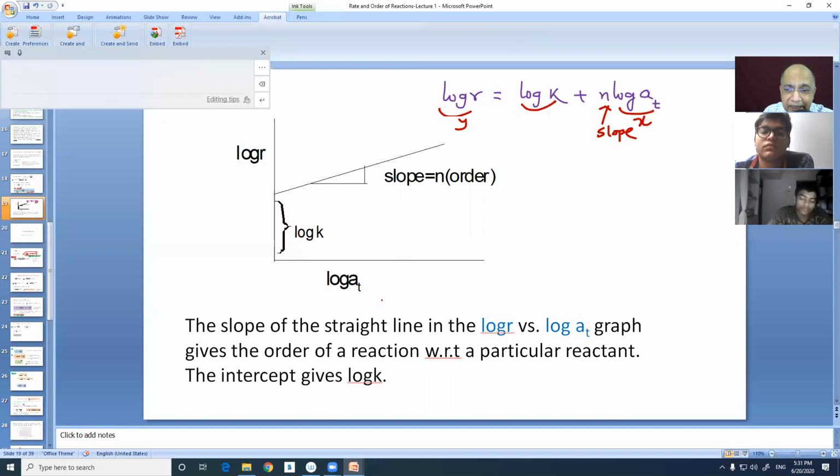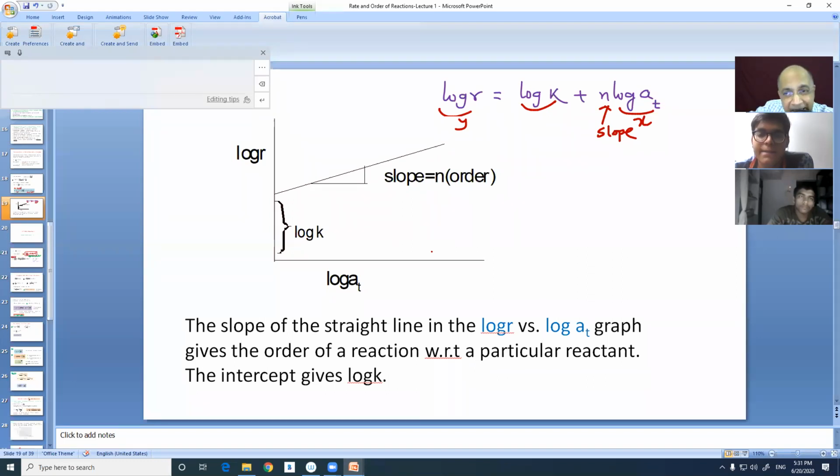Now, see, this intercept also gives you a knowledge about K. The anti-log of this intercept will give you the rate constant. The slope of this line will give you the order with respect to that reactant. So in this way, the order of a reaction is determined.